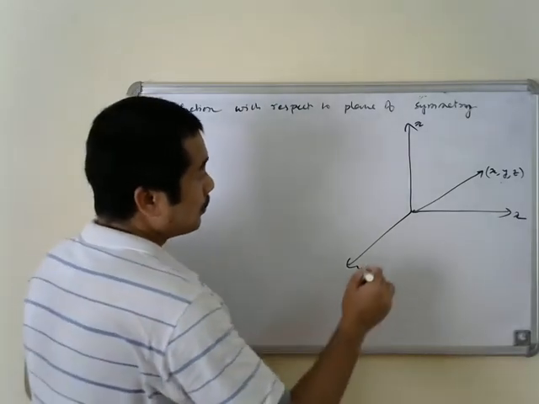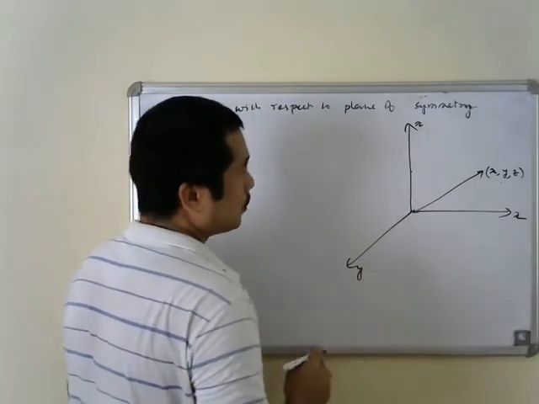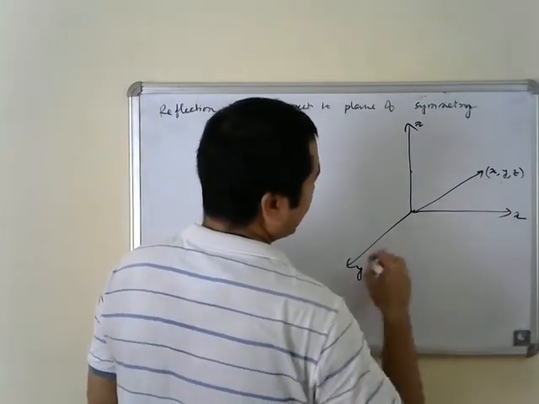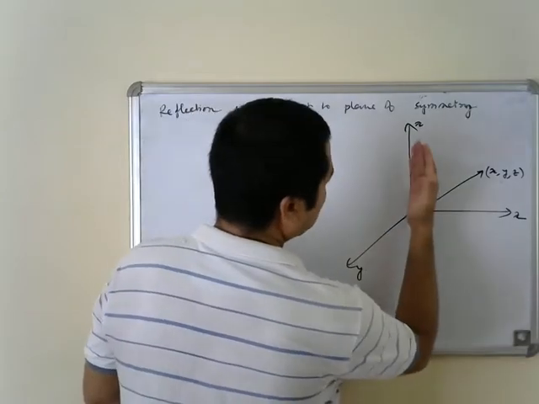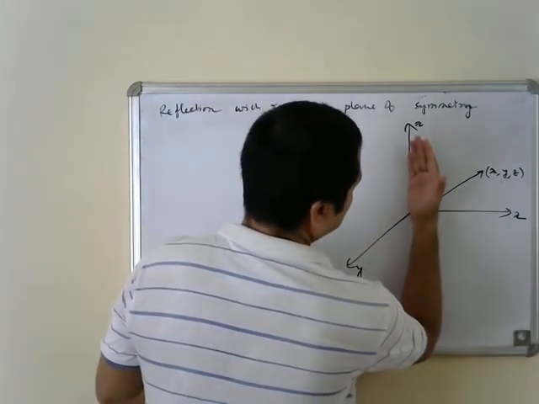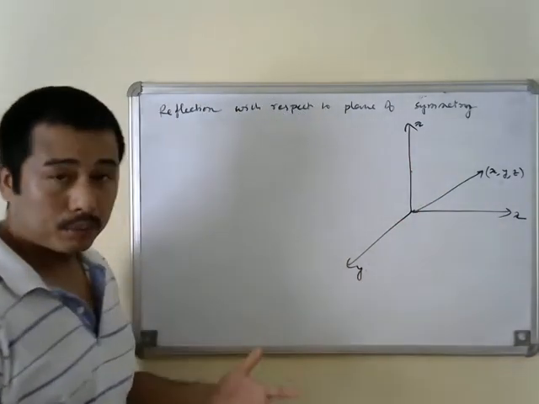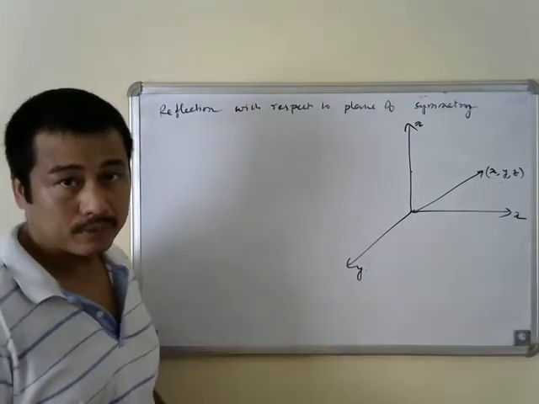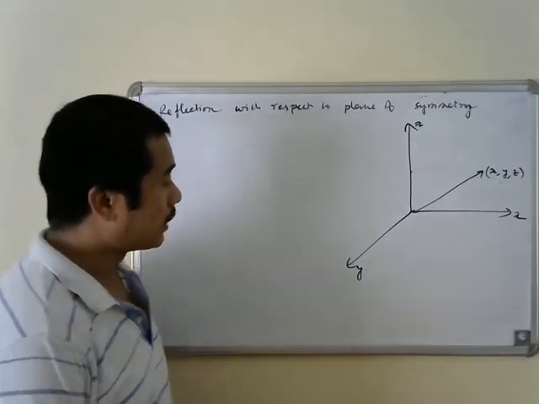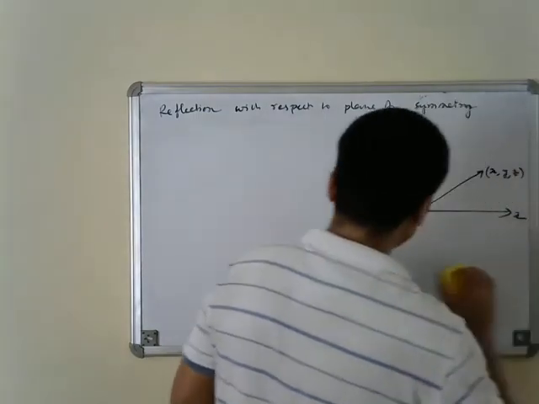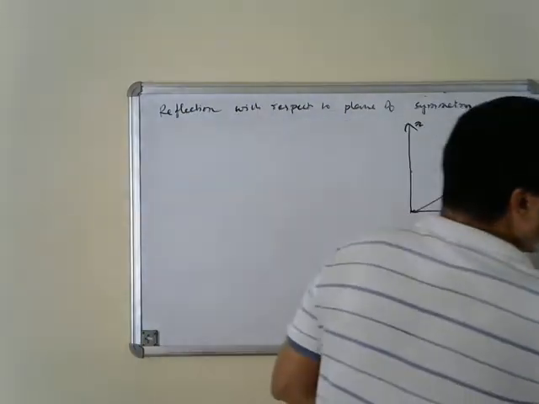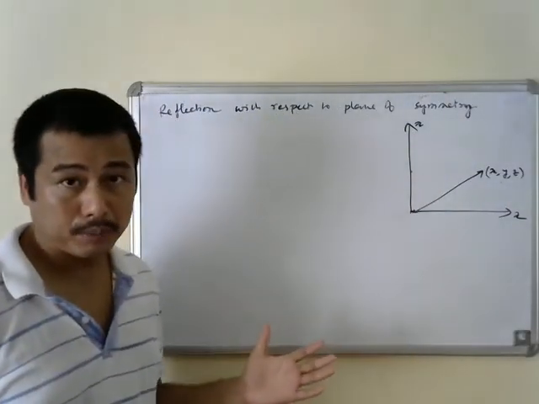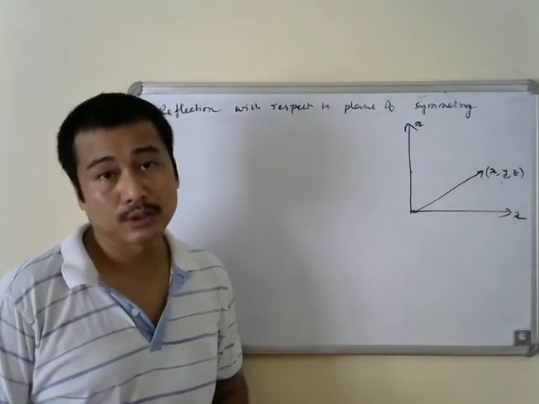So let's assume that there is a plane of symmetry which is at an angle, say, beta from the x-axis or xz plane, somewhere over here. For that particular plane of symmetry, we have to write a matrix representation. To simplify this, we know that when we do reflection with respect to a vertical plane of symmetry, the z coordinate is not going to change.